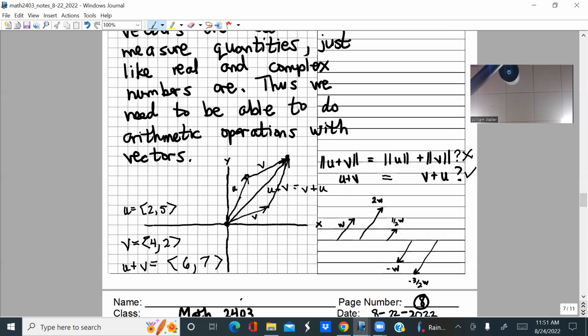So you take as the initial point of v the terminal point of u, and then draw out the vector v, and then connect the initial and terminal points in this diagram, and that gives you a picture of the sum of the two vectors. So u plus v in this picture would be this sort of diagonal vector here.